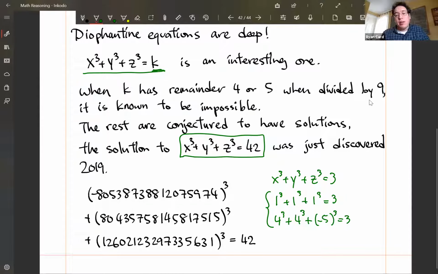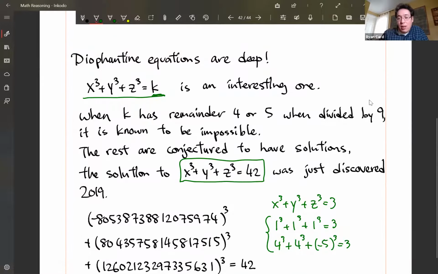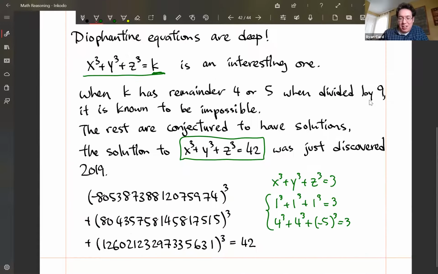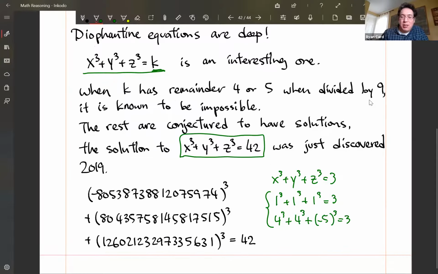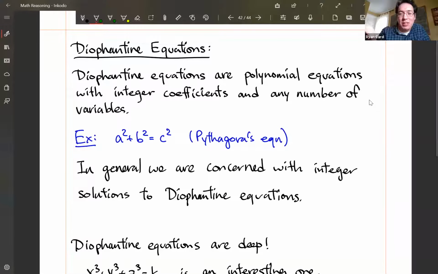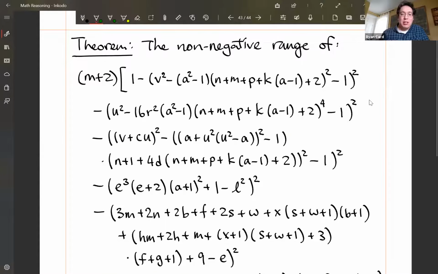And you might be thinking, okay, these are hard problems, but does it mean anything? The meaning could be huge, which is the interesting part. So let me show you another Diophantine equation that's enormous, that has an interesting meaning. The non-negative range, the non-negative output of the following polynomial.